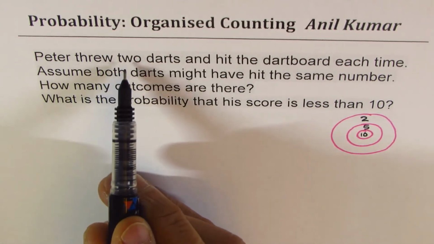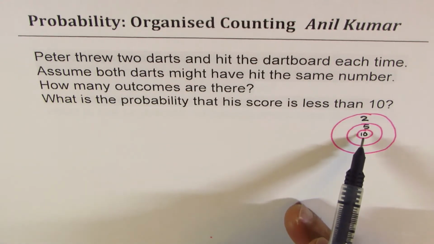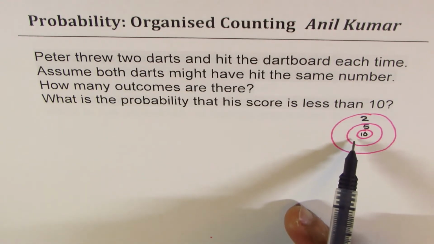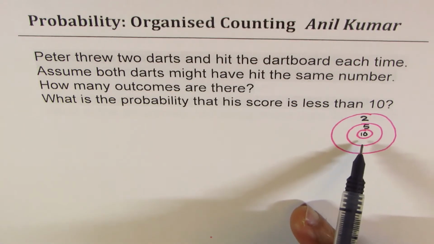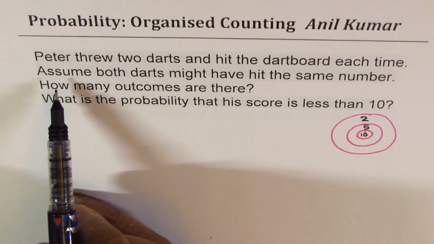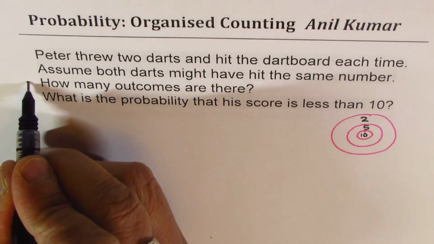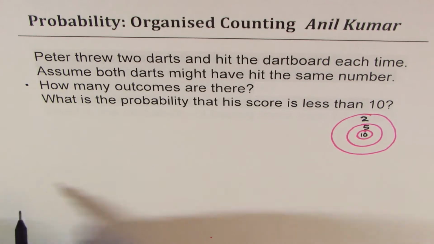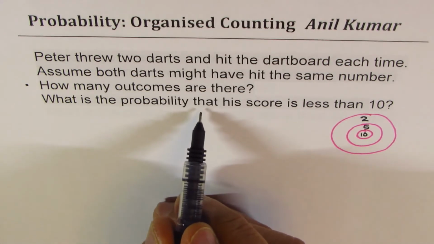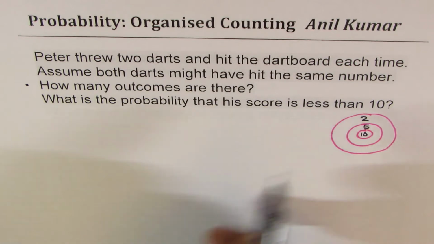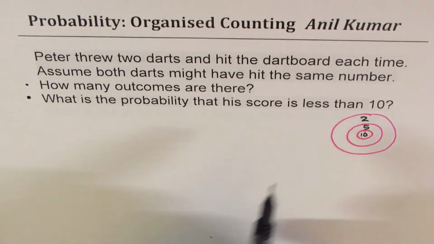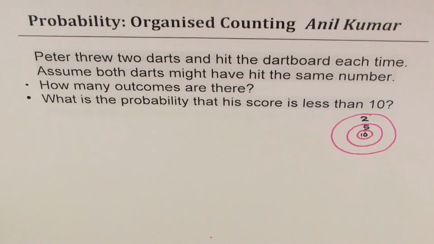Every time the dart hits, you always get a point. Second, you could hit the same circle twice also, right? Now the question is, how many outcomes are there? And the second one is, what is the probability that his score is less than 10? So that is a combination of 2 hits. Perfect. So this is the question for you. You can pause the video, answer, and then look into my suggestions.